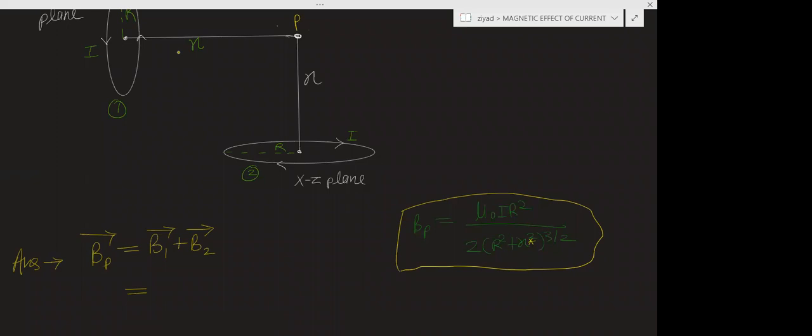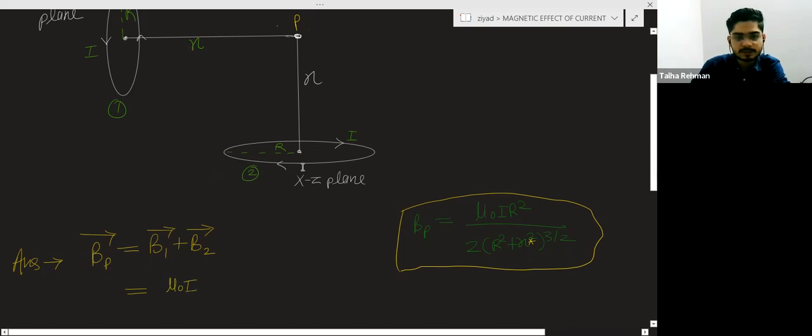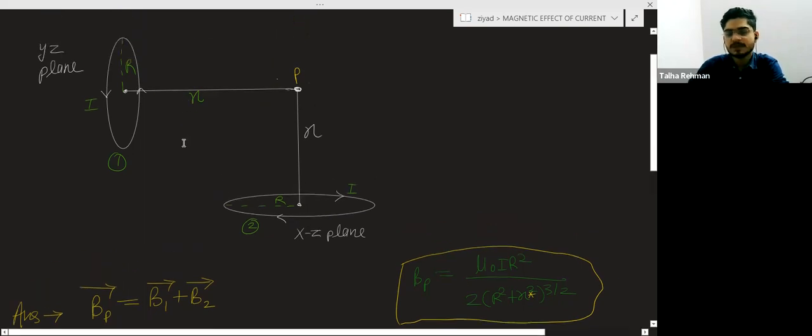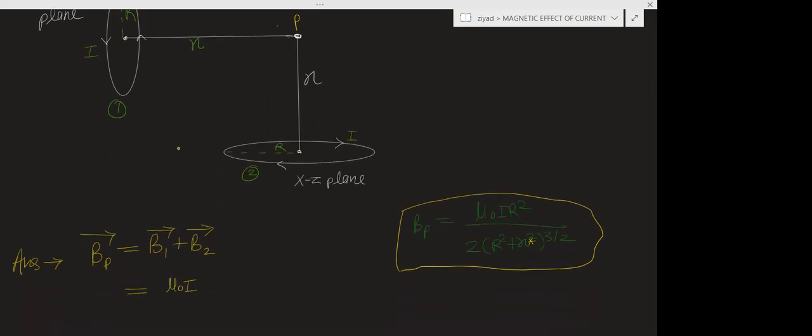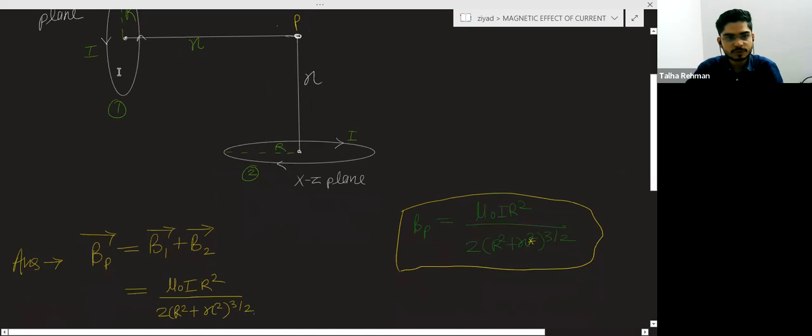So we will use mu 0 I, where I is the current, meaning both coils have the same current. Irrespective of the direction, the magnitude of the current is the same. Mu naught I, R is the radius of both coils, R square divided by 2 times of (R square plus X square) to the power 3 by 2. And this is for coil number 1.